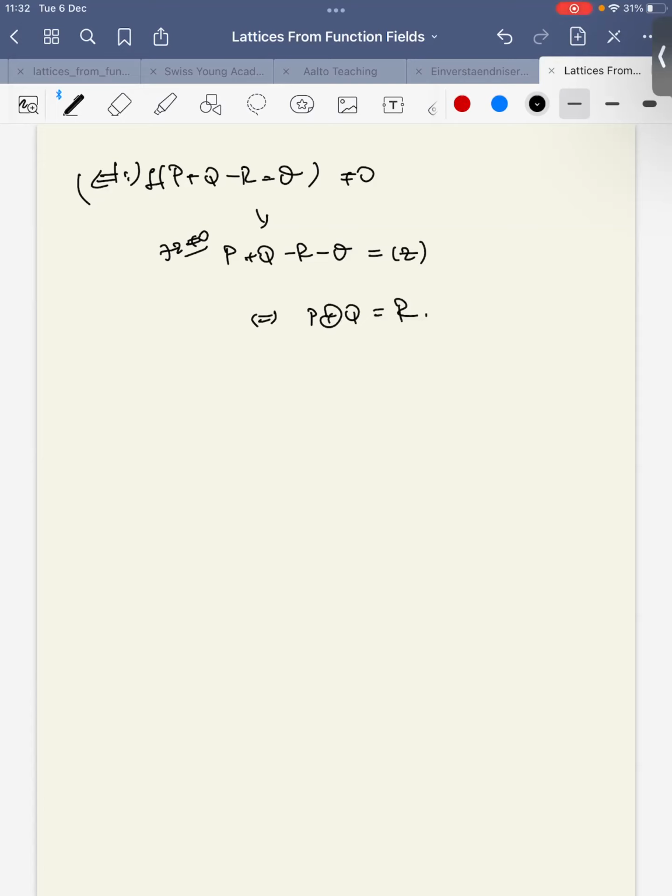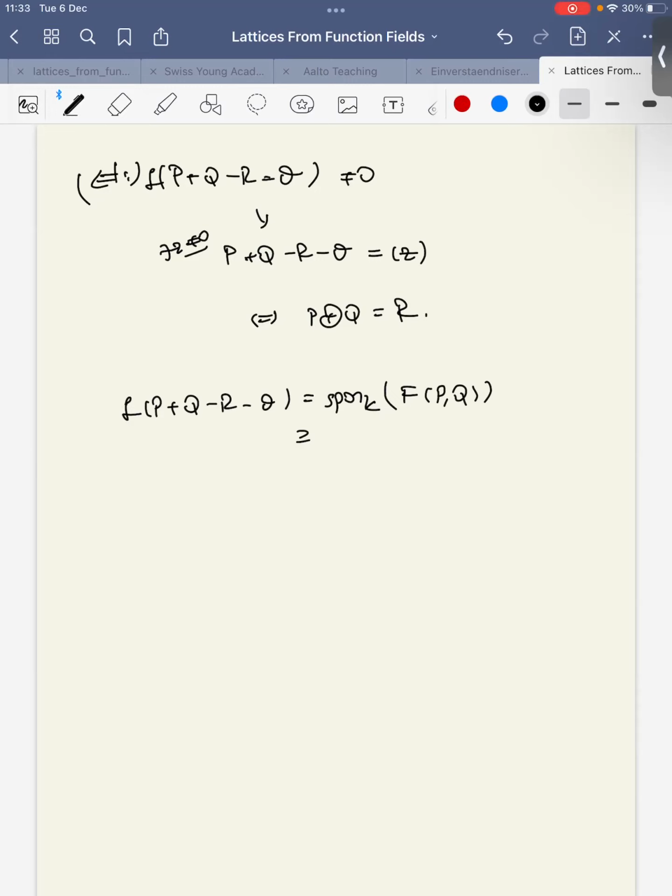And to be able to see that this vector space is spanned by the Riemann space spanned by the function which relates the rational places P and Q. Indeed, we have this inclusion, right?